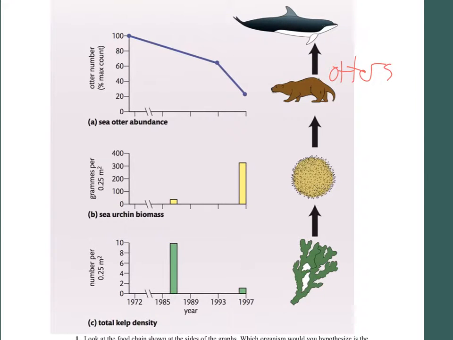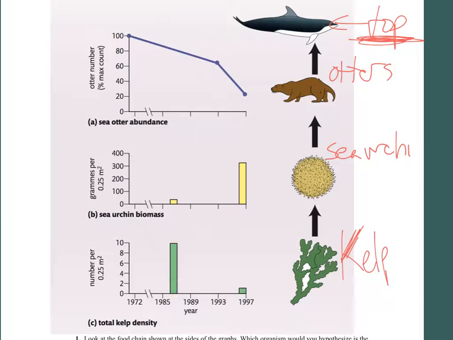Otters, sea urchins, and kelp. So this is much like the wolf example that we looked at in Yellowstone. Top predator is removed or increased, and that affects the species below it.